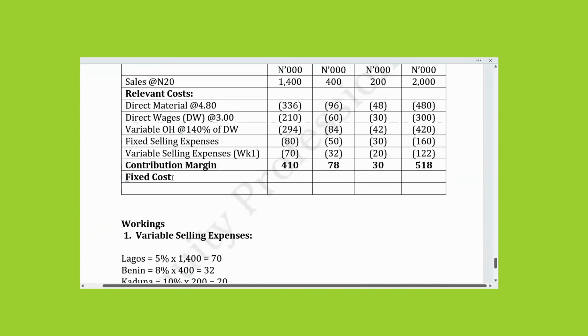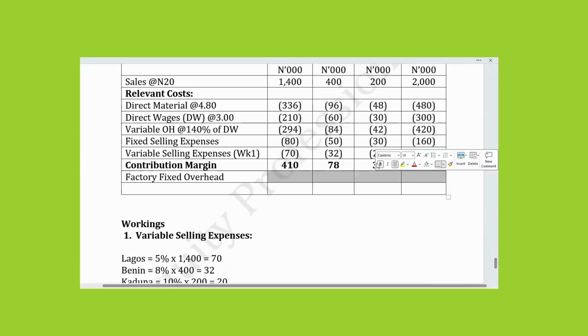Remember, profit is contribution less period cost. Therefore, we need to deduct the fixed overhead from the contribution margin in order to have the profit for the respective depot.